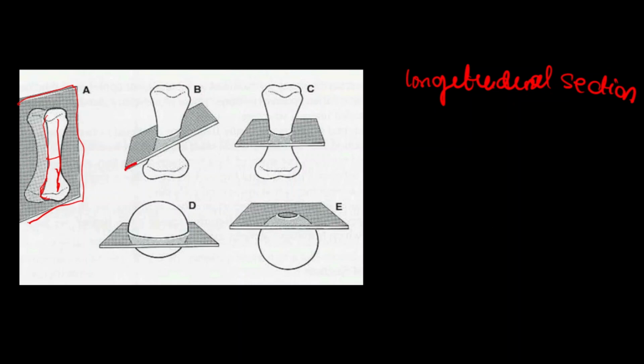When it's cut at an angle such as this, it's an oblique section. When it's cut perpendicular, horizontally at right angle, it is a transverse section.